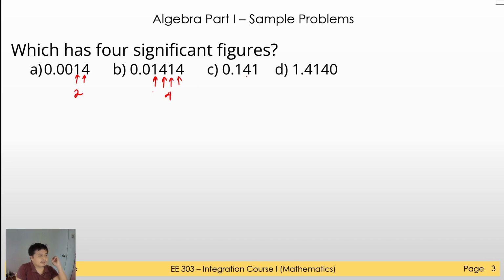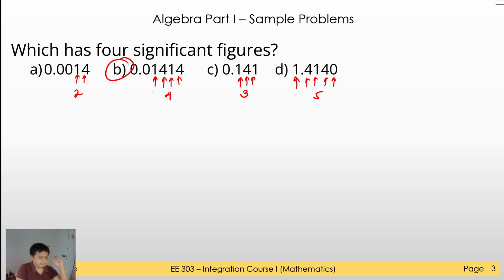So we have four here. And then we have three. And this one is actually five. So how do we count significant figures? We start from the first place and then move on to the right until it reaches some number. So this will be the answer.